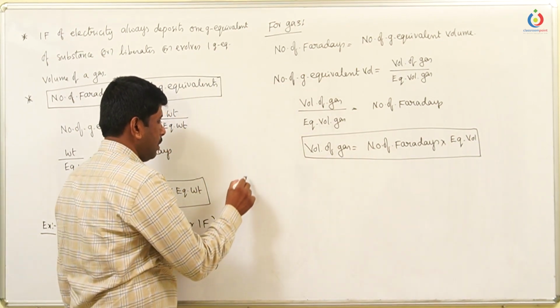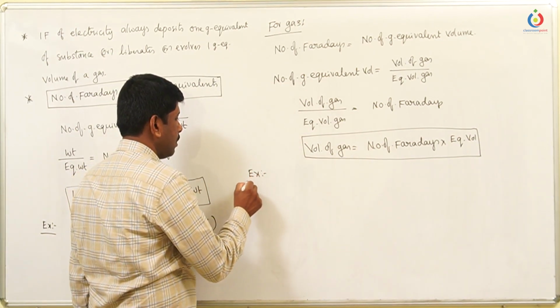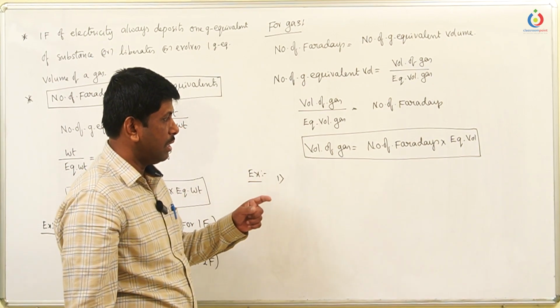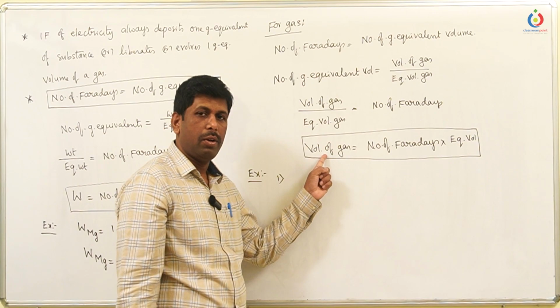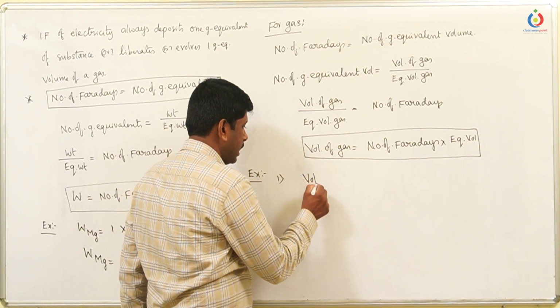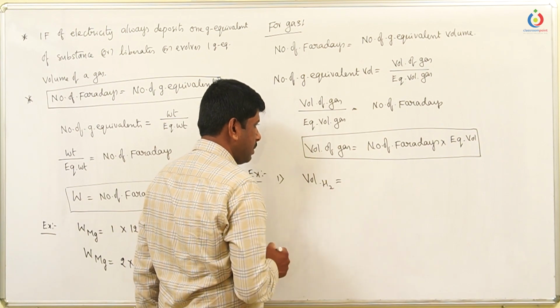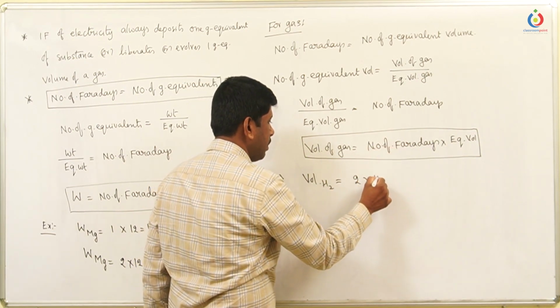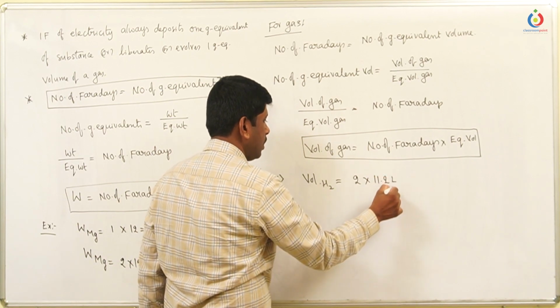For example, by sending 2 Faradays of electricity, how much volume of hydrogen gas is liberated at STP? Number of Faradays is 2 and the equivalent volume of hydrogen gas is 11.2 liters.